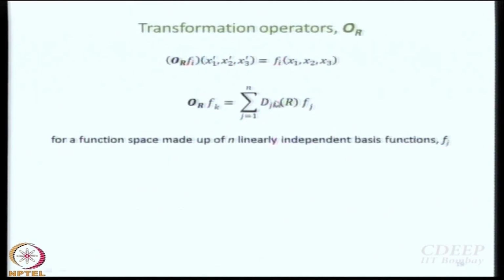What is Djk(R)? R corresponds to the symmetry operation. Djk is the jkth matrix element of the transformation matrix corresponding to R, and do not forget I write Djk here because I have constructed the D matrix using transformation of the coordinates, not the basis, right, that multiplied by Fj summed over j equal to 1 to n.